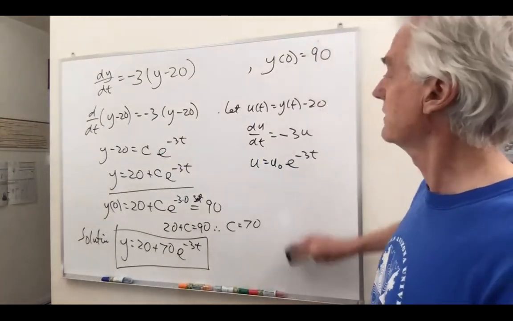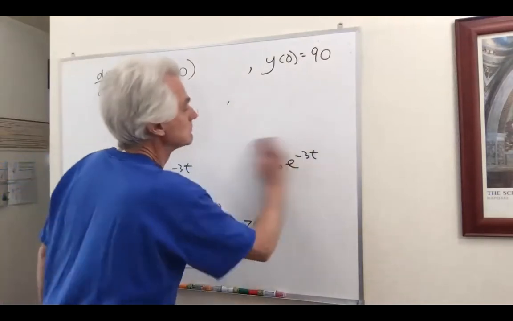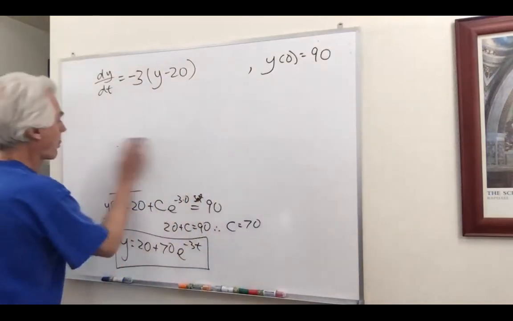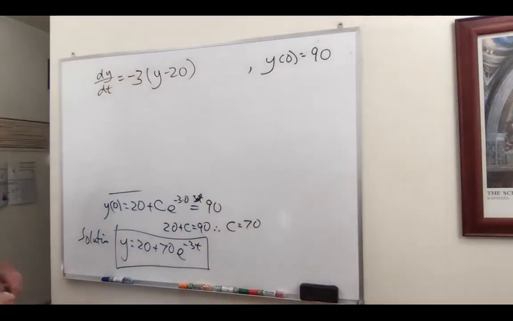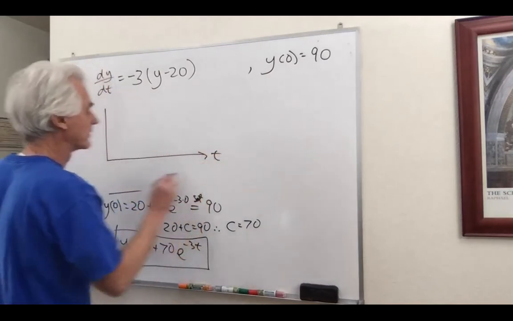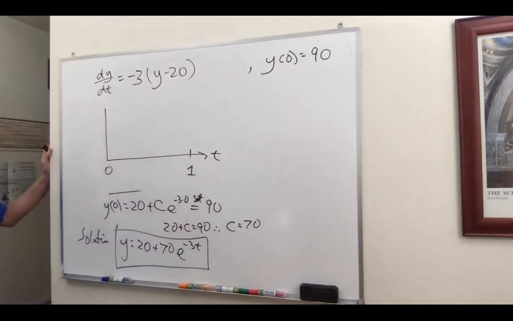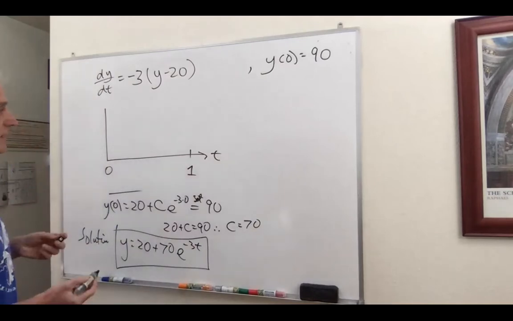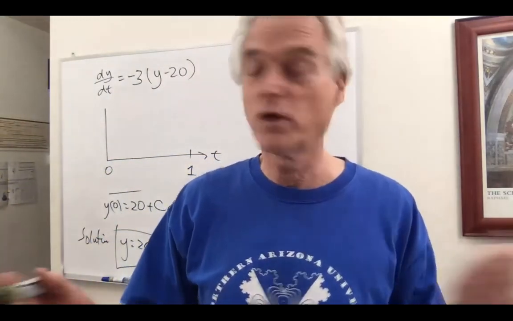All right, so let's graph that. So here, I'm just going to go time from 0 to 1, because 1 hour, I mean, I'll probably have drunk the coffee by the time 1 hour is up.